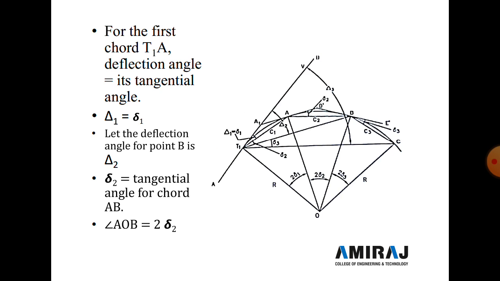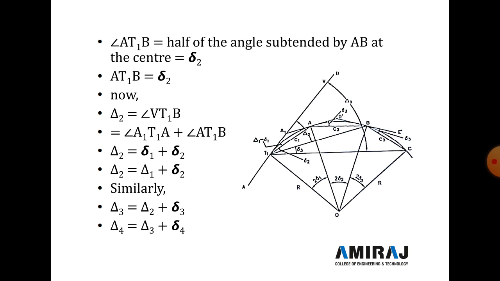So angle AOB is equal to 2 times delta 2. Now angle AT1B is half of the angle subtended by AB at the center, so AT1B is equal to delta 2.